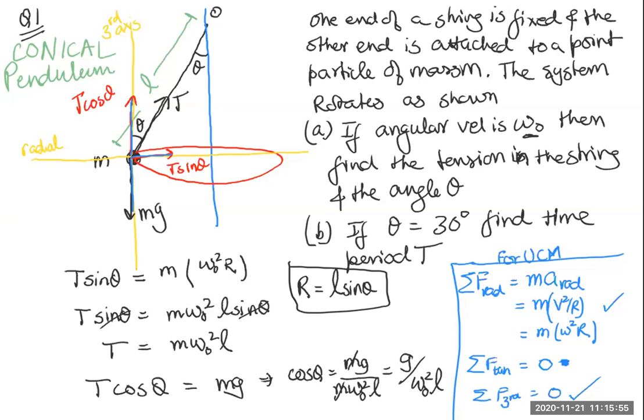Good. Yes, because the string, the black string that I have drawn, as this particle moves along the red circle, the black string will trace out the surface of a cone. That's why it's known as a conical pendulum. Okay. Good.